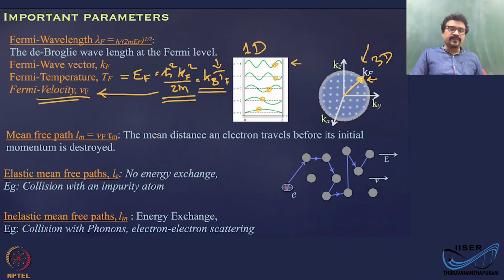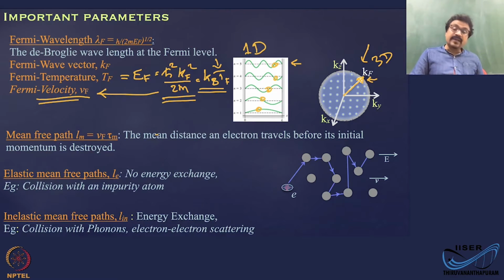So you can define a mean collision length or scattering length Lm with the Fermi velocity and the mean collision time Tm.